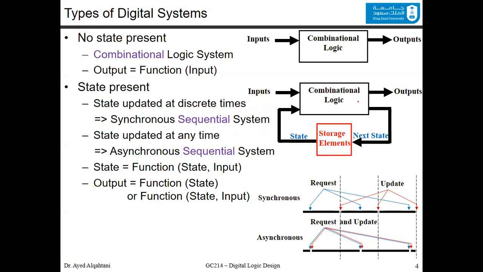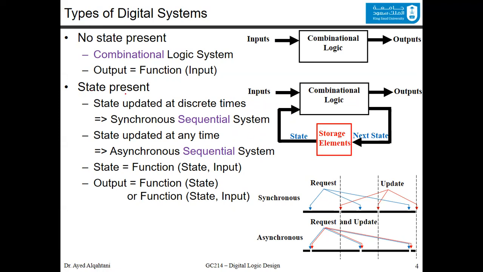And then after it does its processing, it generates the output and the next state. Looking at the storage element, it accepts the next state and produces the current state.